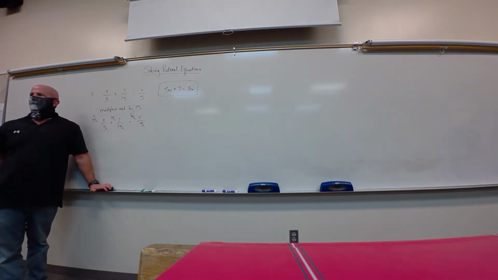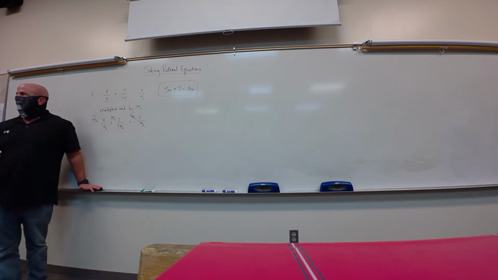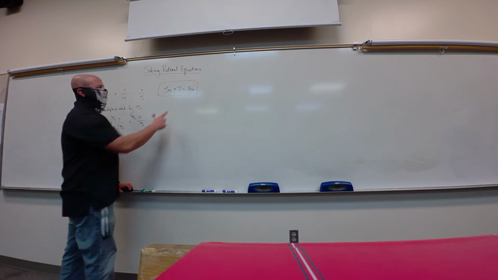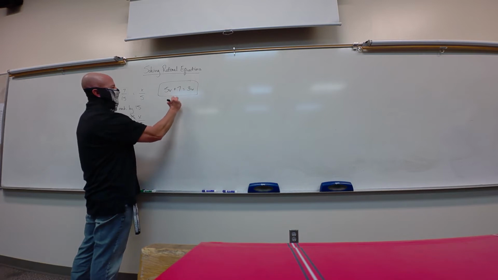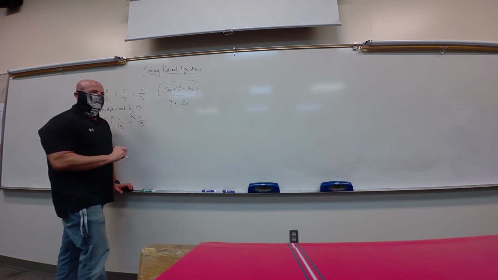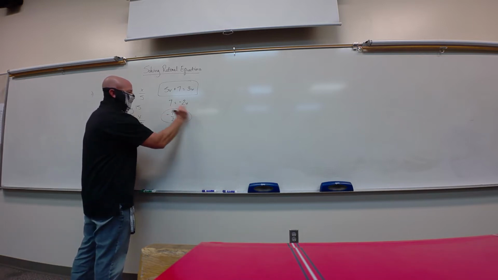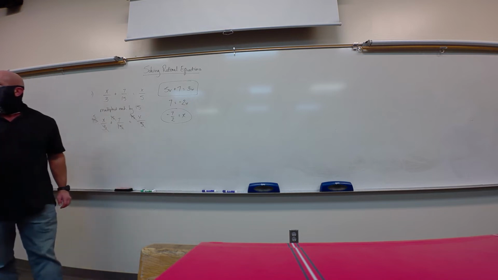Definitely looks easier than with the fractions. Okay. Now we're back to working our old process. 7, negative 2x if I move the 5x over. And so then x would be negative 7 halves.